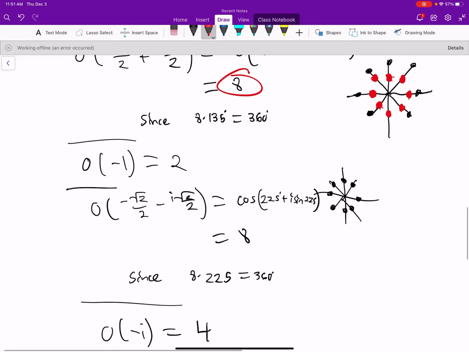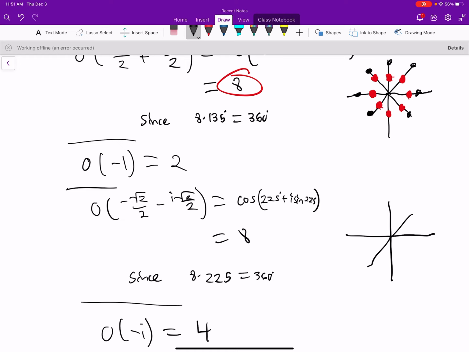We'll do that one more time with this one right here, so you can see my little drawing. So 225, I'm going to draw them all. All right, so 1, 2, 3, 4, 5 to get there.